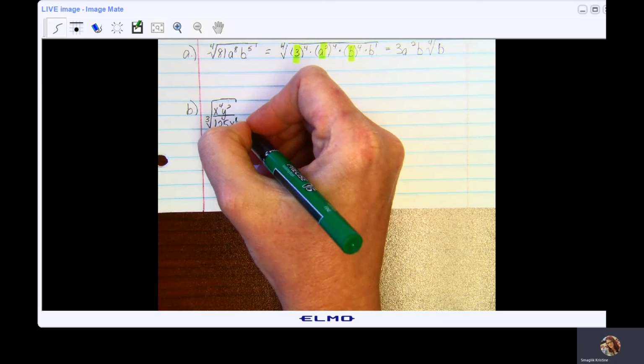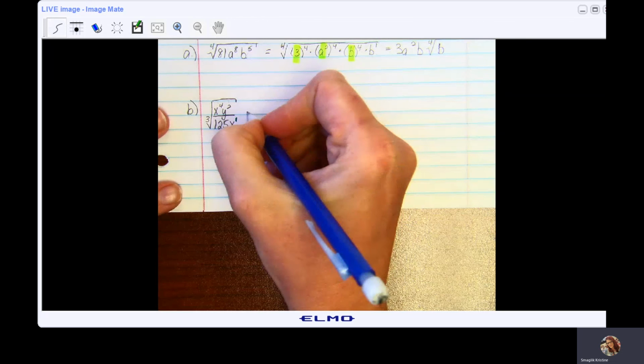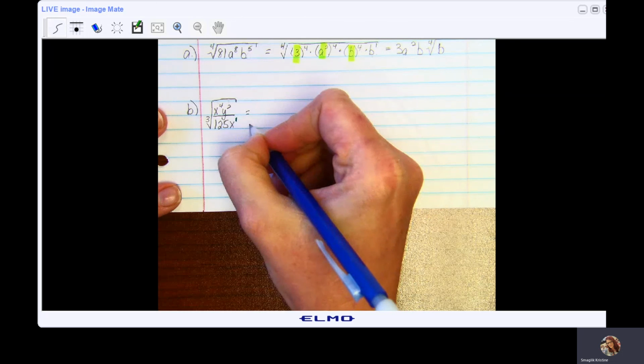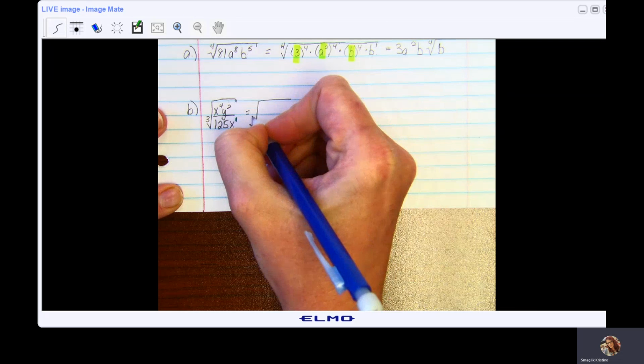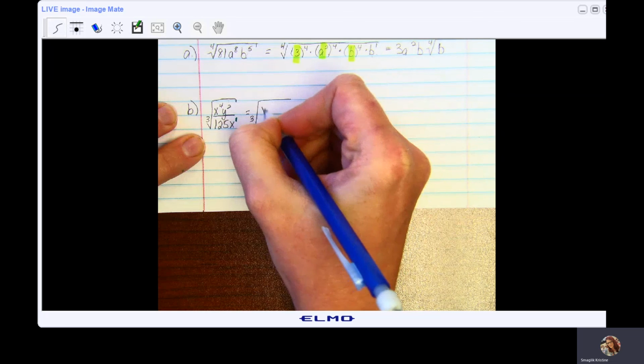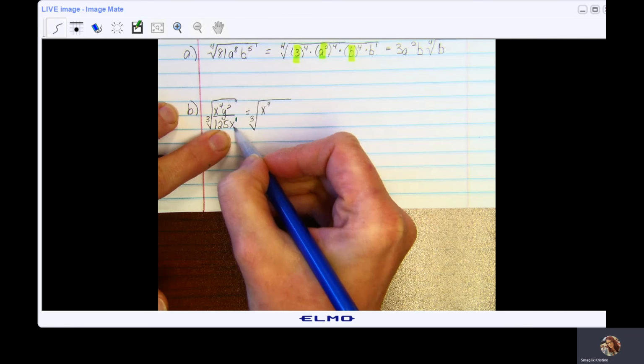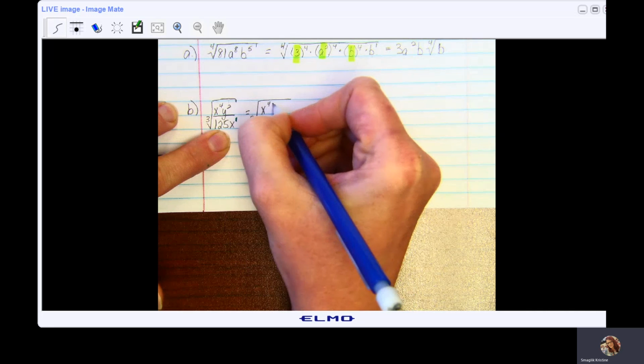And although we don't see it, understand this x here has an exponent of 1. So let me just start rewriting this. And again, I'm going to show this to you step by step. Okay, my root is 3. So here I'm going to have x raised to the 4th, and I'm going to divide that by x. And again, you're subtracting exponents.